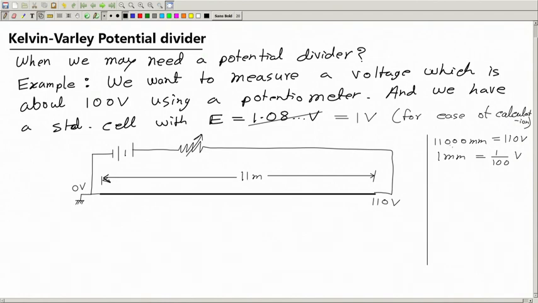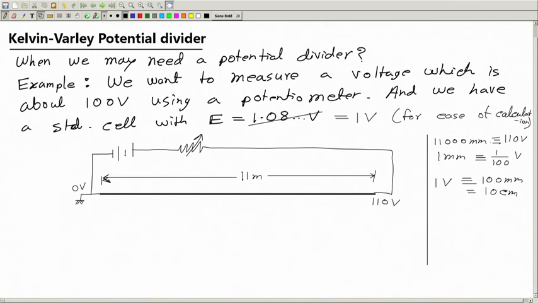Now, 1 volt will be how much? So, 1 volt will be equivalent to, dividing this by 110, 100 millimeter, which is like 10 centimeter.